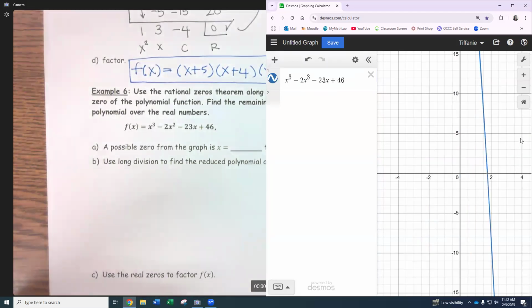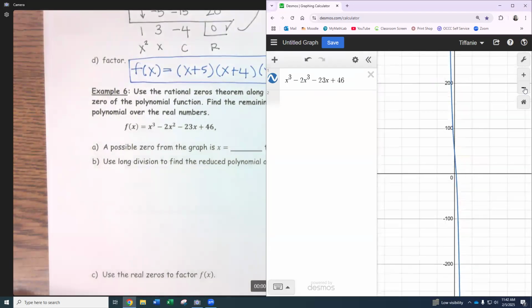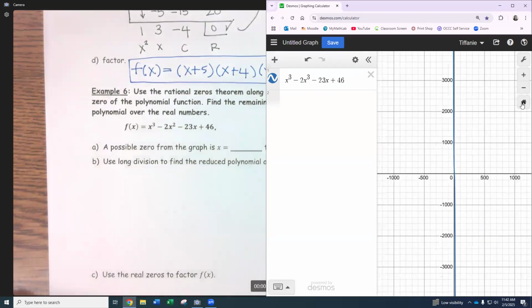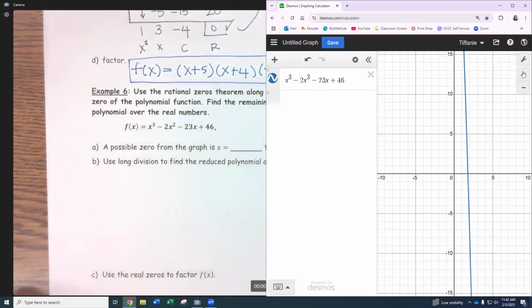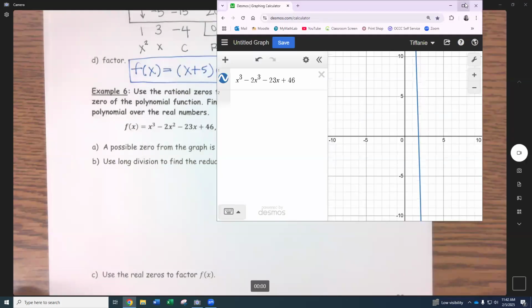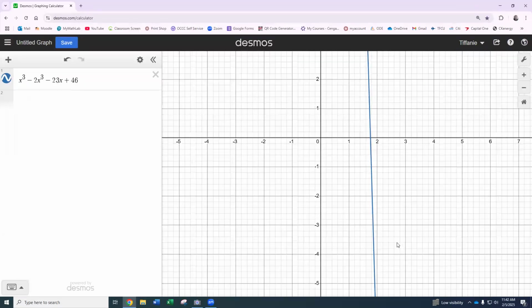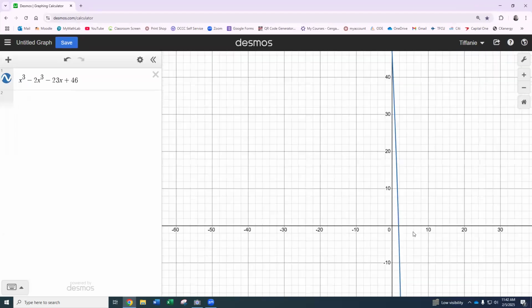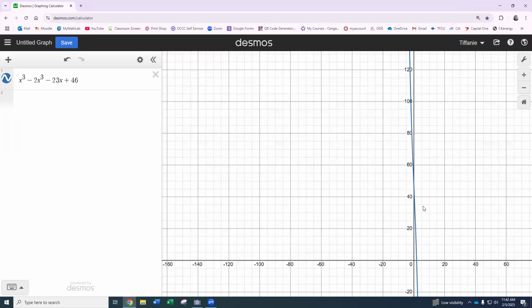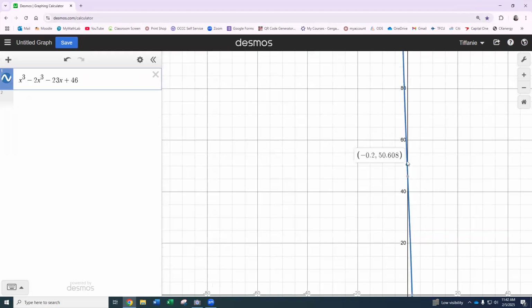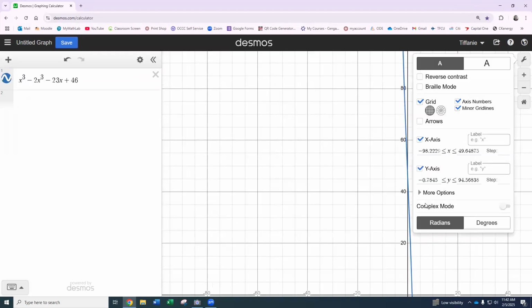Okay, so here's the graph that I have on this window. I was going to say zoom out, but that's not very helpful. This is a cubic, but it's got barely any kind of movement right here.